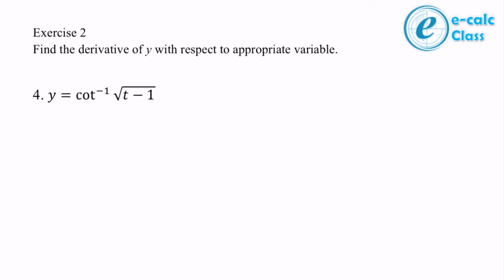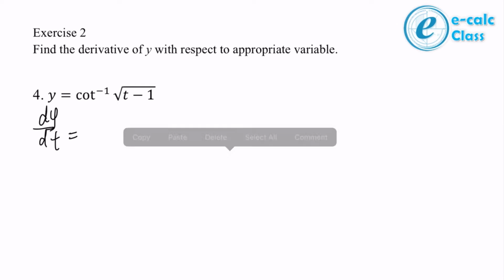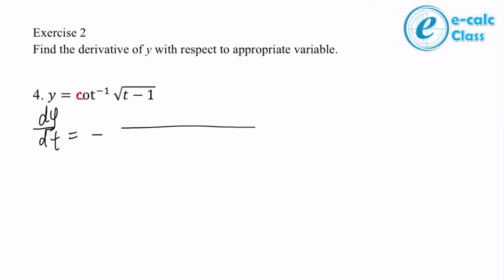Cotangent inverse, then you have a square root, no choice, huh? Chain rule, dy dt, start with c, so it is a negative, without the square root, 1 plus whatever you have here, squared, right? Then differentiate this inside function, 1 over 2 root t, t minus 1.